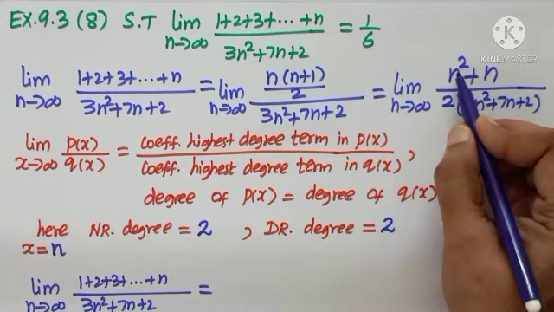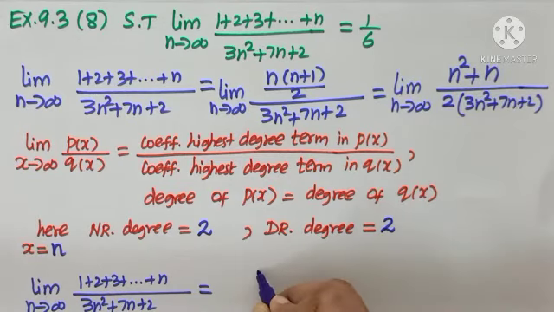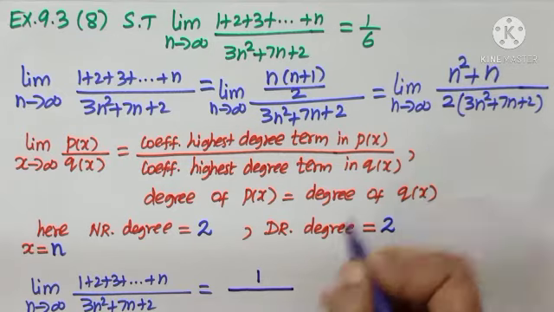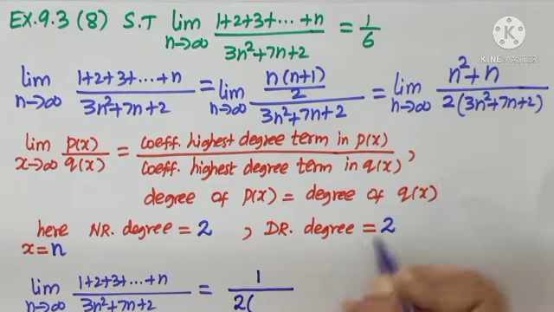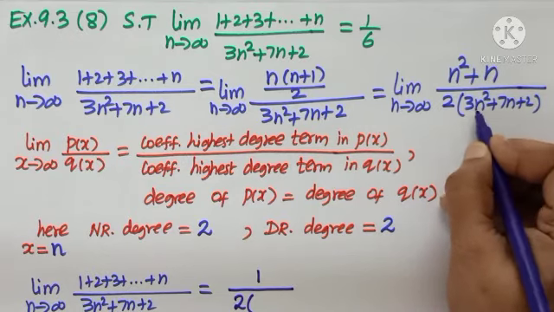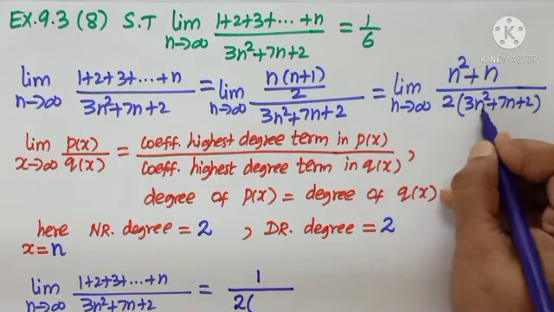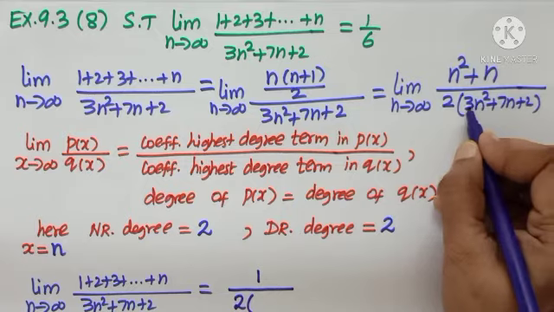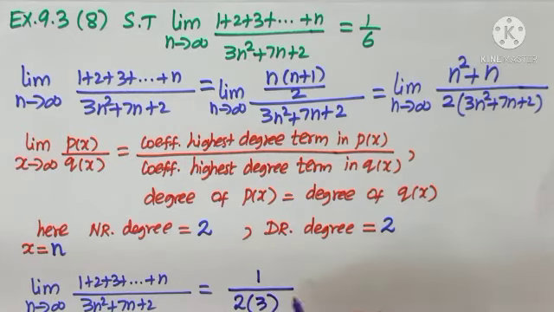The numerator, the coefficient is 1. Denominator, already there is a 2, and the highest degree is n² and the coefficient is 3. So the answer is 1 by 6.